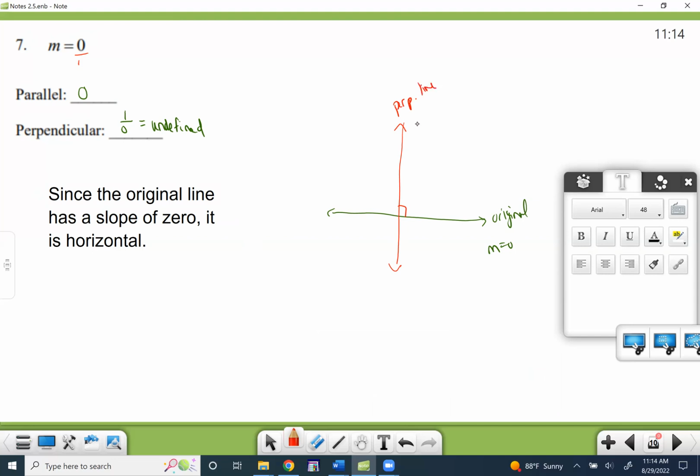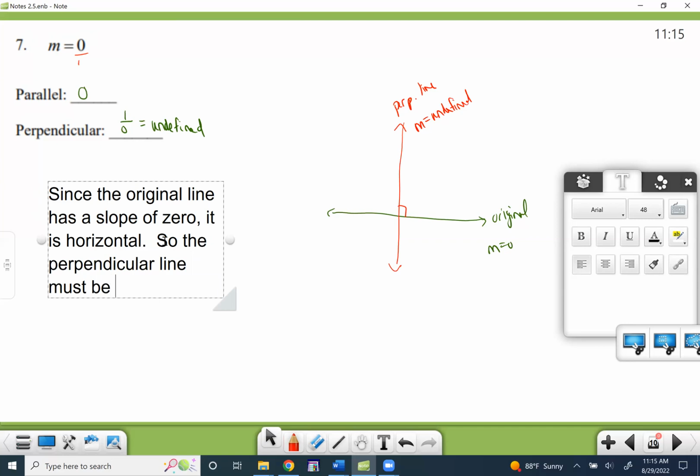And this one would have a slope of undefined. Okay, since the original line has a slope of 0, it is horizontal. So the perpendicular line is vertical. So hopefully that made sense to you guys.